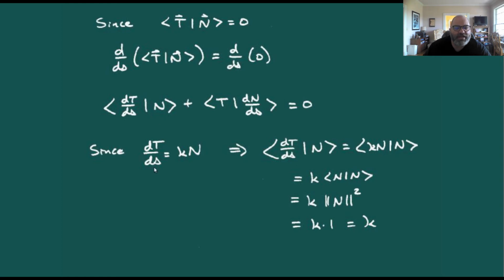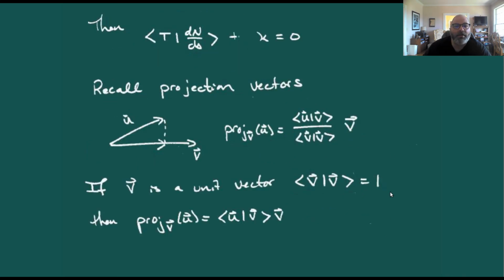The derivative of the unit tangent was just our curvature times the normal vector. So this ends up being the curvature times the dot product of the unit normal with itself. We can pull that curvature to the outside. This is a unit vector, so the square of the length is 1, and all of this reduces to our curvature kappa. So what we've got is the inner product of the unit tangent with the derivative of the unit normal plus the curvature is going to be 0.